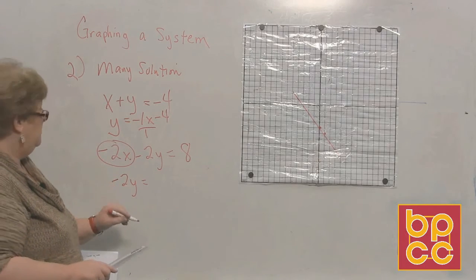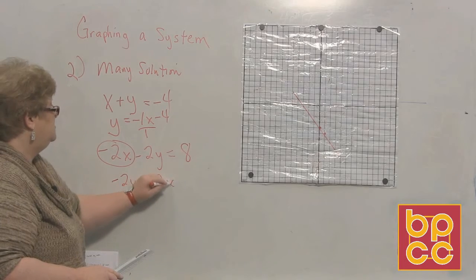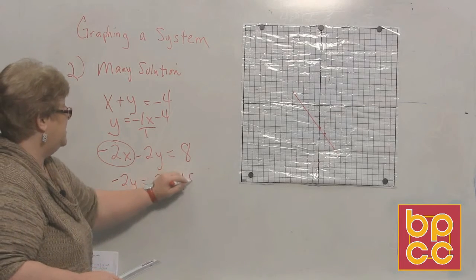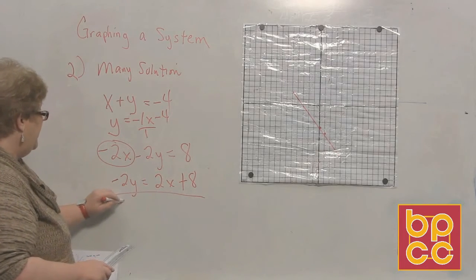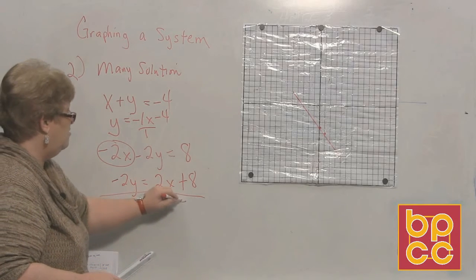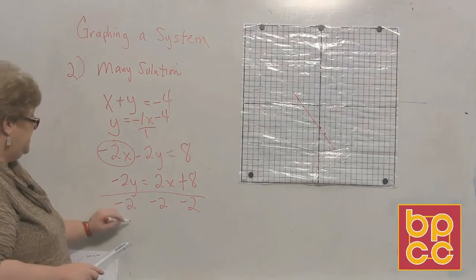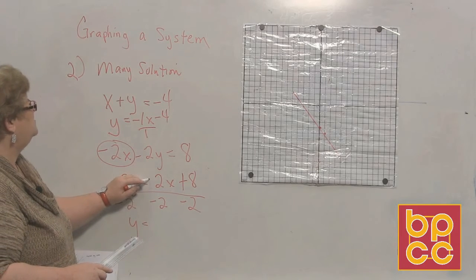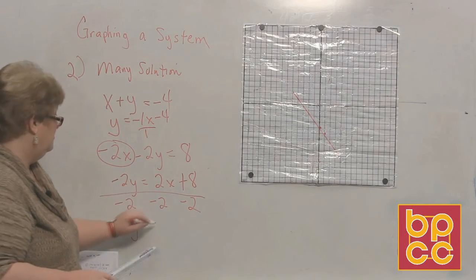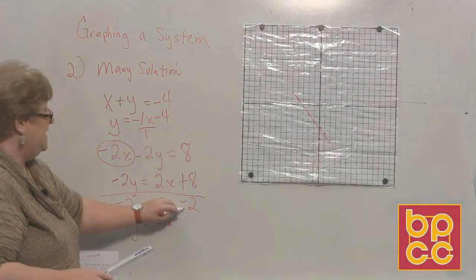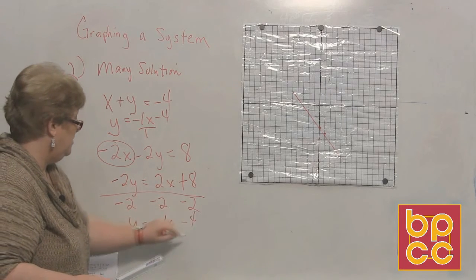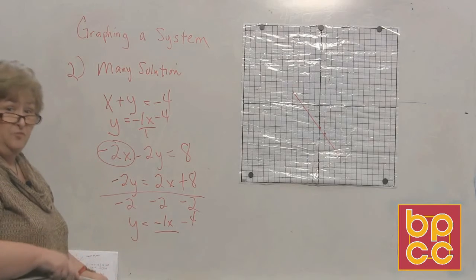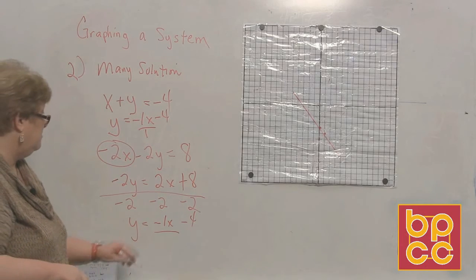A positive 2x, true. 2x, the 8 remains at 8, plus 8. Now, I'm going to divide by a negative 2, all the way. Negative into negative is a positive y. Negative into a positive is a negative 1x. Negative into a positive is a negative 4. And you know that we need a positive 1 underneath that slope to give us our run.